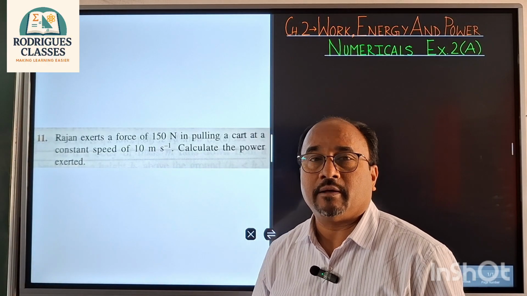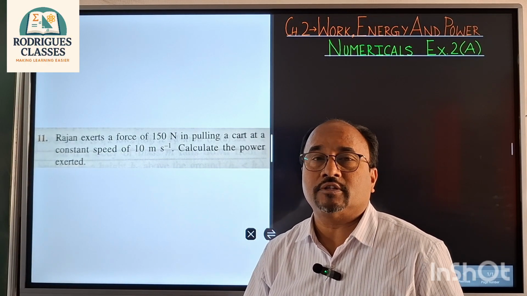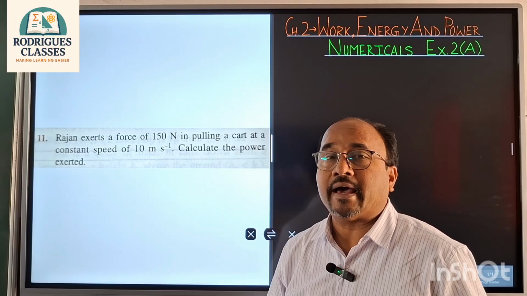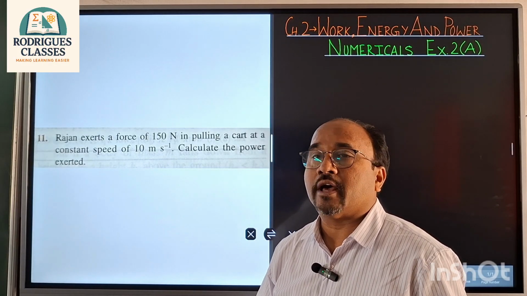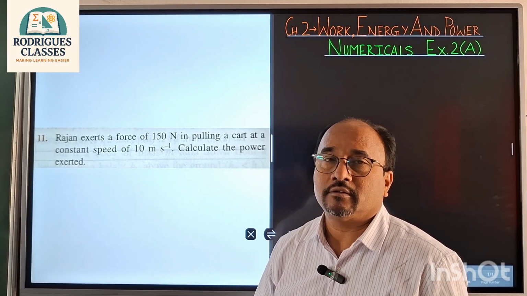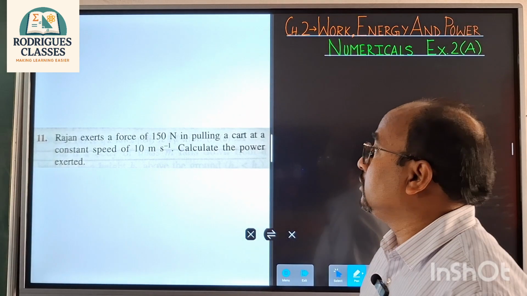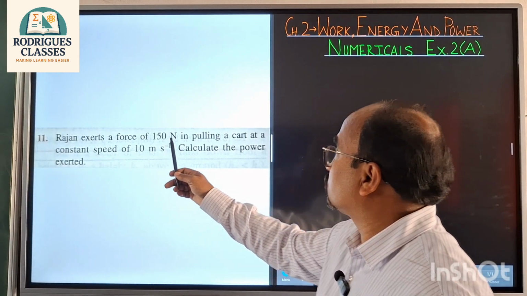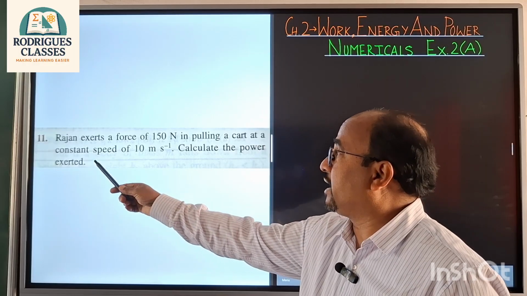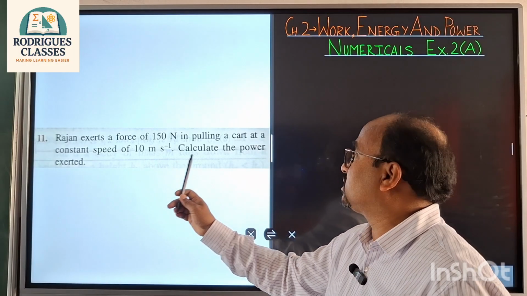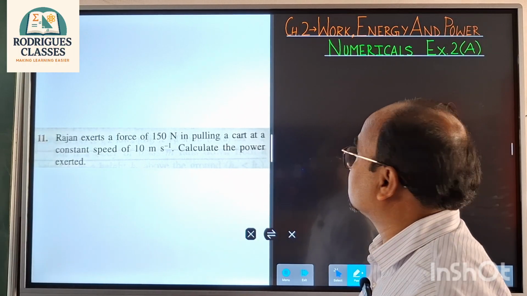Now coming to numerical number 11, which is again the use of the same formula which we have been using, a direct sum which you could have done yourself, but still I am showing the working of it, because I promised that I will be solving each and every numerical. Rajan exerts a force of 150 Newton in pulling a cart at a constant speed of 10 meter per second. Calculate the power exerted.